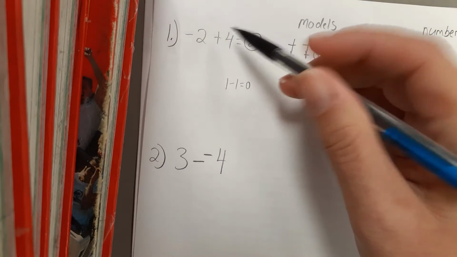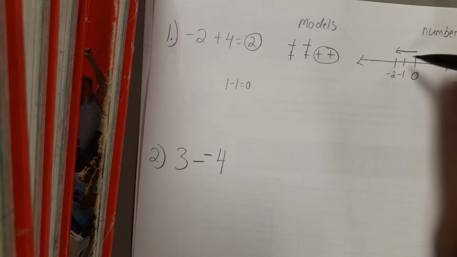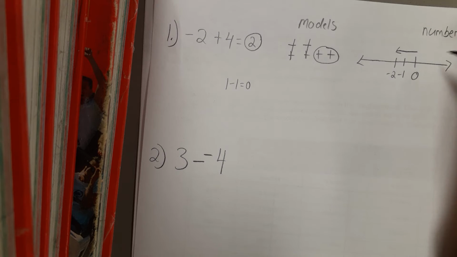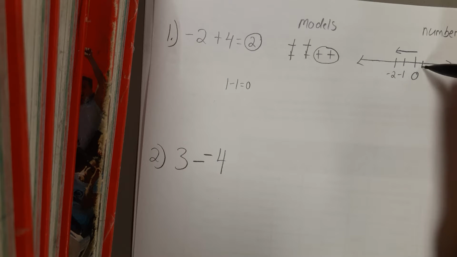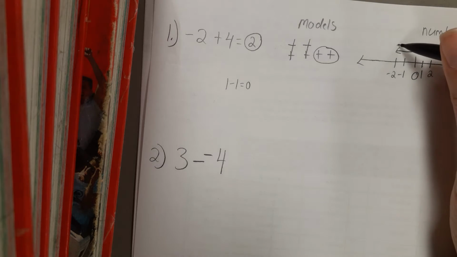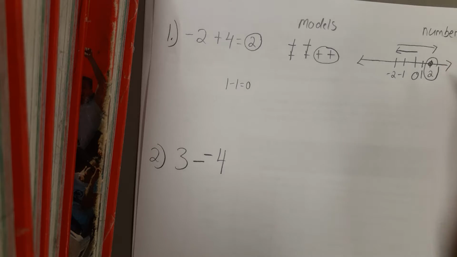Then your next number is a +4. You start from the -2 and go to the right 4 times: 1, 2, 3, 4. So you end up on 2. Draw your arrow showing that if you go 4 spaces, you do land on 2.